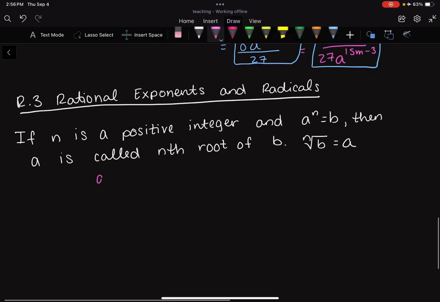So if I say that a squared is equal to b, this is the same as me saying a is equal to the square root of b. If I say a cubed is equal to b, this is the same as me saying that a is equal to the cubed root of b.